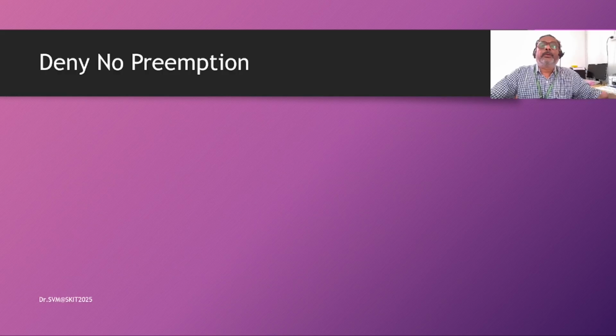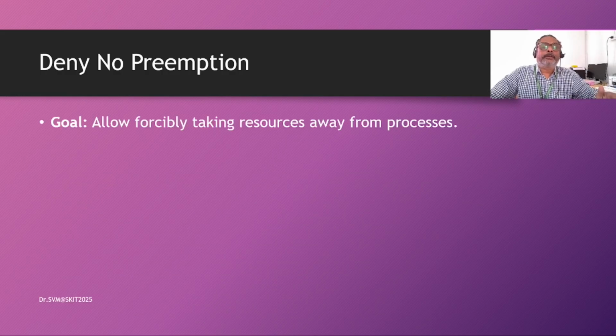What if we go for the next one, deny no preemption? Here the situation was, some resources are held by the process and that process is waiting for some other resource. In this case, we can forcibly take away these resources from this particular process, because anyway till it gets the other resource which it needs, we cannot continue with the process.